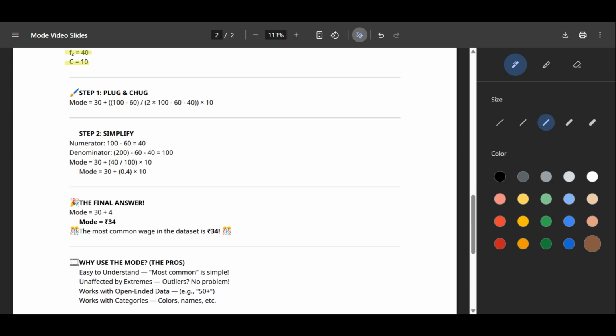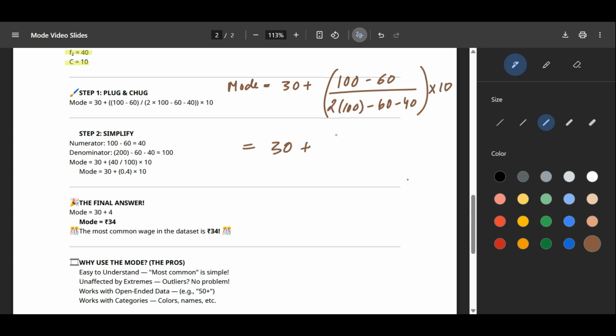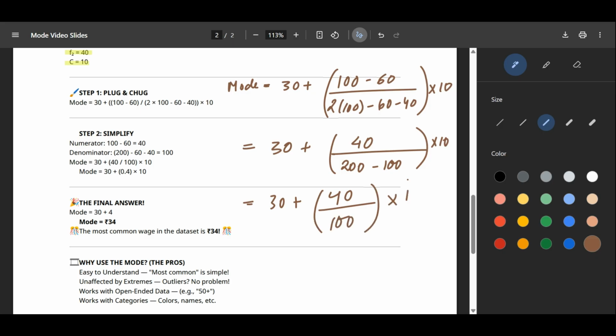The calculation will be mode is equal to 30 plus (100 minus 60) by (2 into 100 minus 60 minus 40) into 10, which is equal to 30 plus 40 by (200 minus 100) into 10, then again 30 plus 40 by 100 into 10.